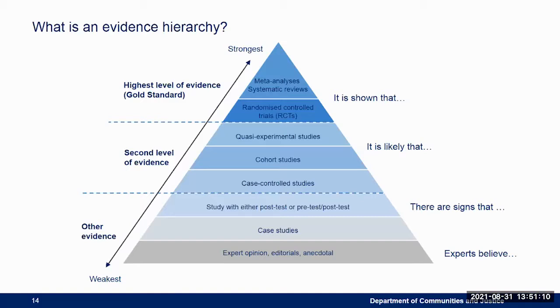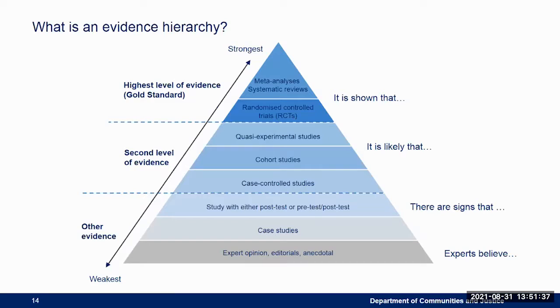And then we get down to quasi-experimental studies: it is likely that this program is effective. Pre and post test studies: there are signs that this program is effective. So as we go down the hierarchy, the definitiveness with which these research types can say that a program works decreases.